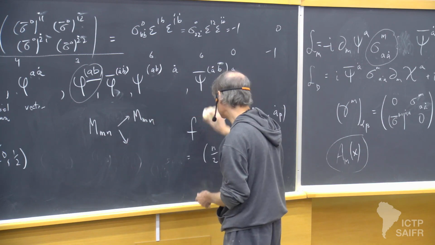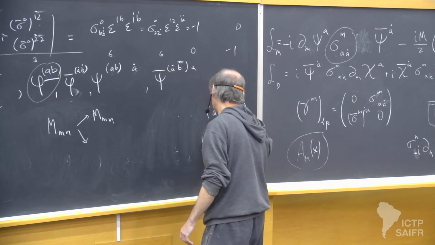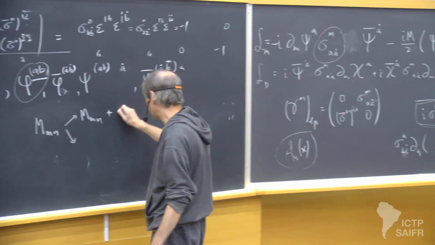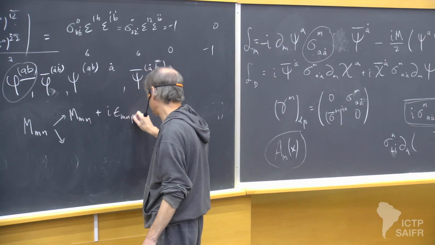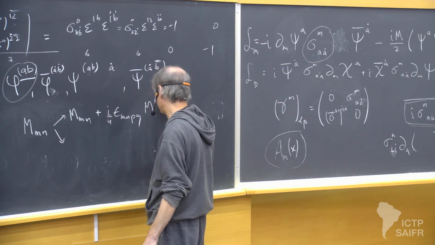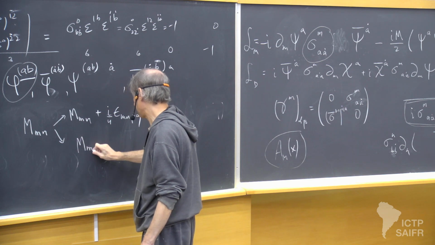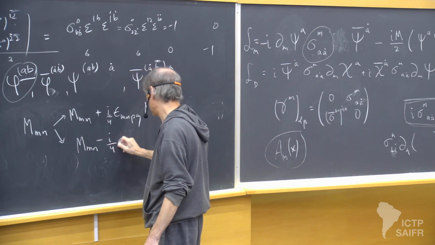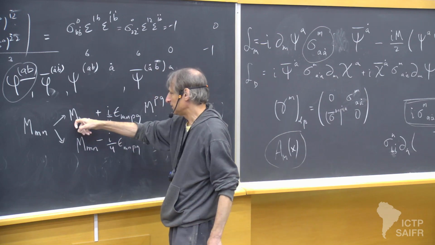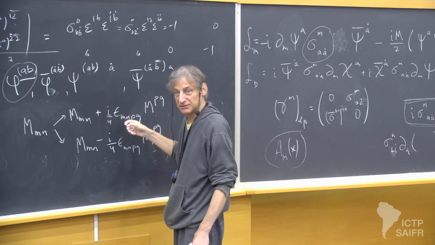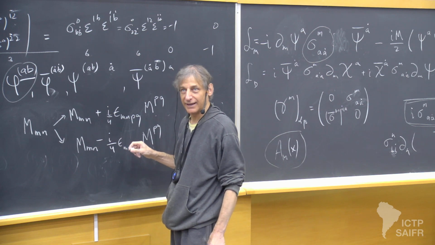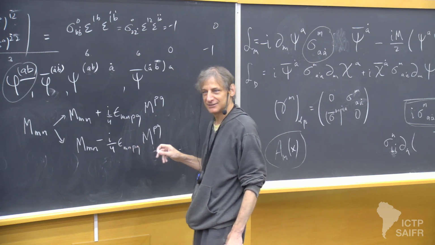It has 6 components, but it decomposes into itself plus i epsilon, probably with a factor of 1 over 4 or something like that. These are also 4 by 4 antisymmetric matrices, but they satisfy a condition called self-duality or anti-self-duality.